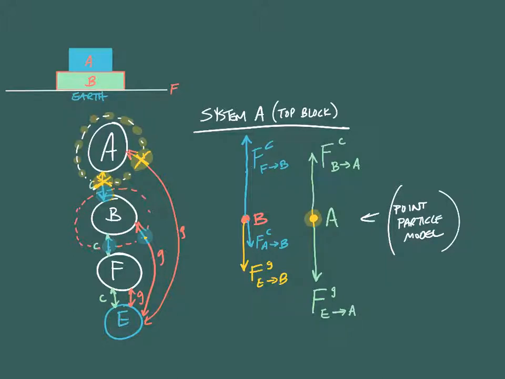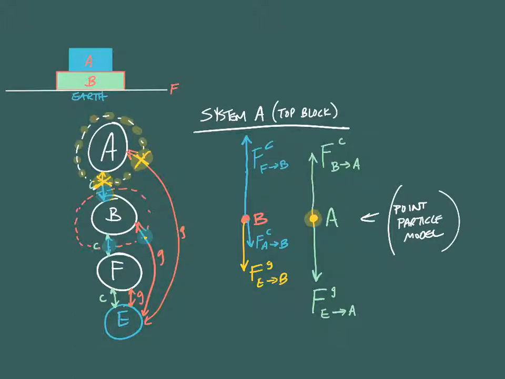Now, if I were to put scales, kitchen scales, bathroom scales, and measure the weight, if I put one between block A and B and one between block B and the floor, which one was going to read more weight? Between the floor and the bottom block.